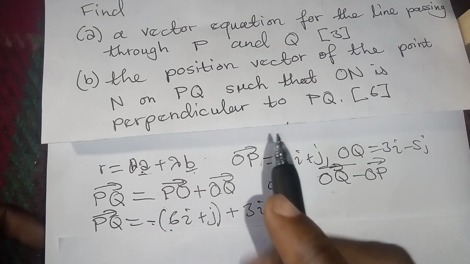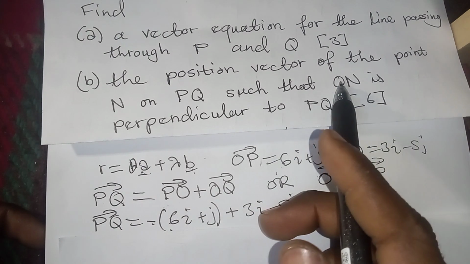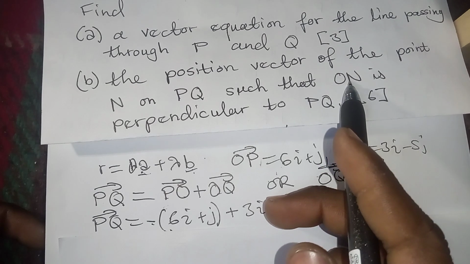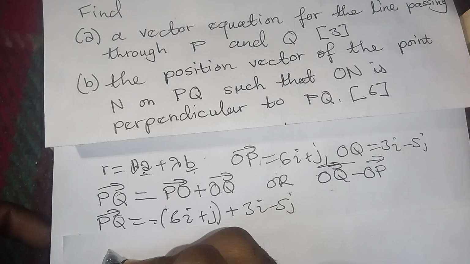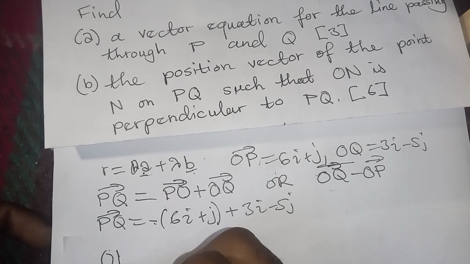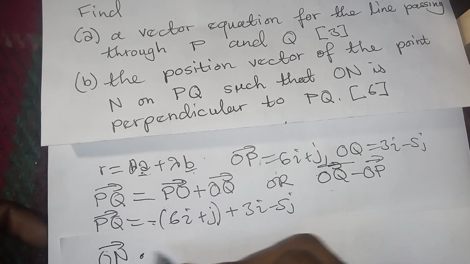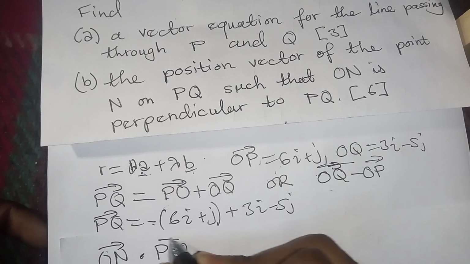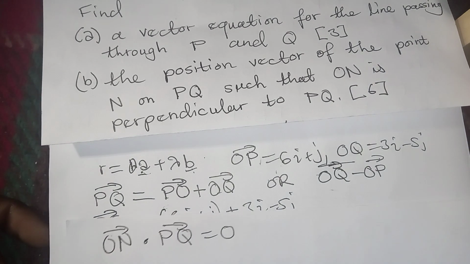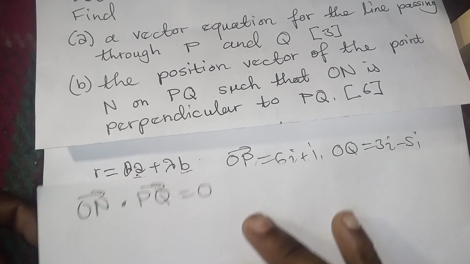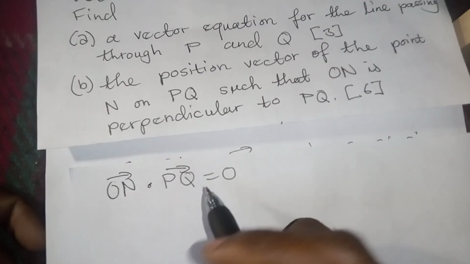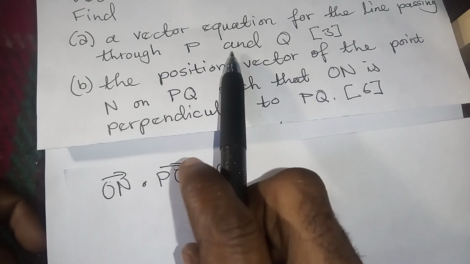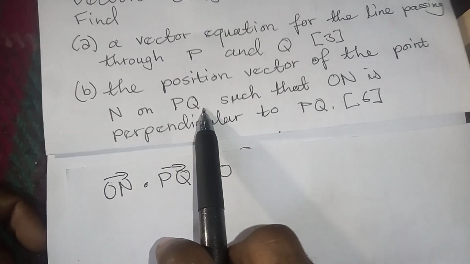Since this vector is perpendicular to PQ, we know that ON multiplied by PQ will be 0. So now let's find PQ. Of course, we can start with ON. Remember, ON is on the line PQ.